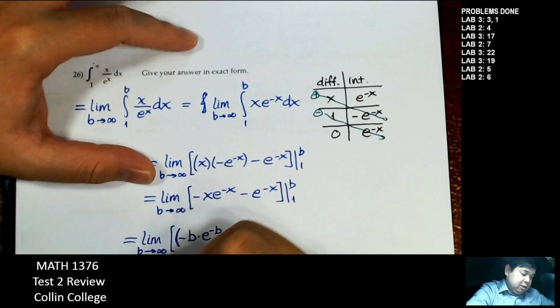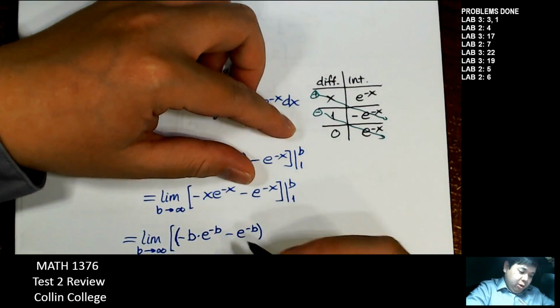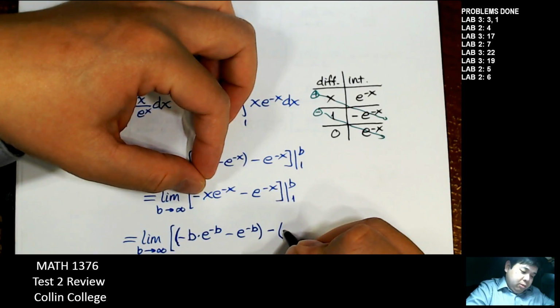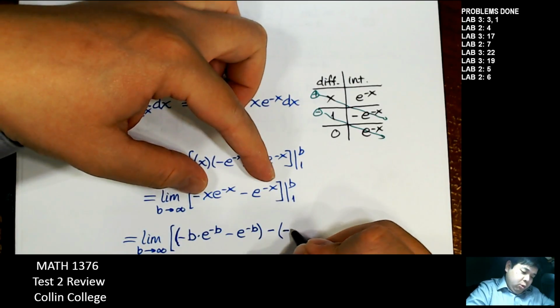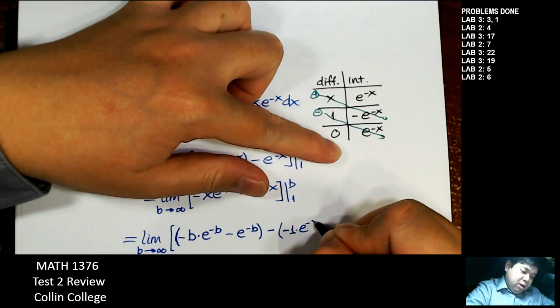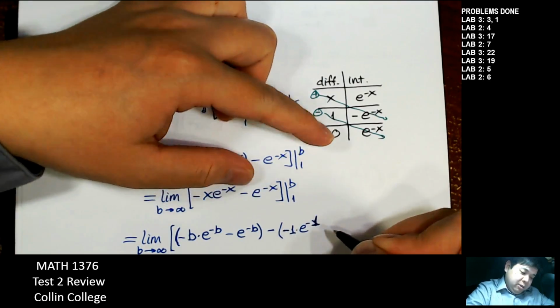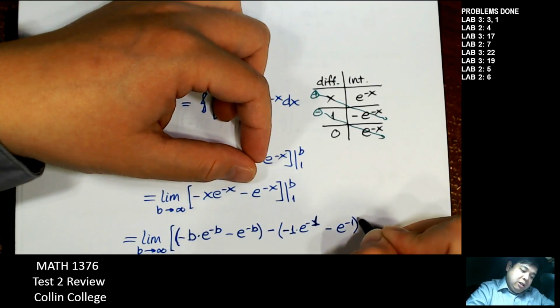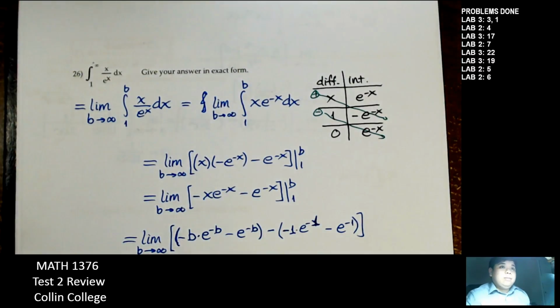Right? Yeah, there's a lot of things going on for this one. Next, minus 1 for x, e to the minus 1 minus 1 minus e to the minus 1. Right.